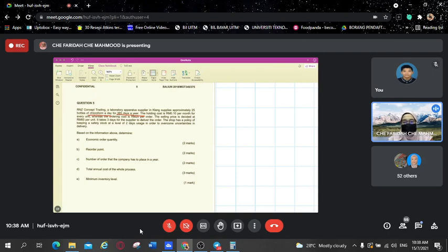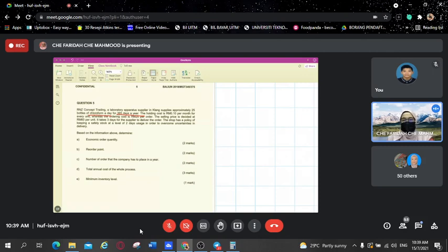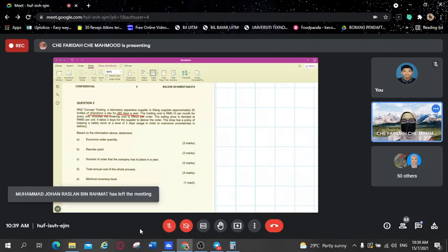This is the usage rate, the usage per day. We use its abbreviation. The internet line at UiTM is really slow.